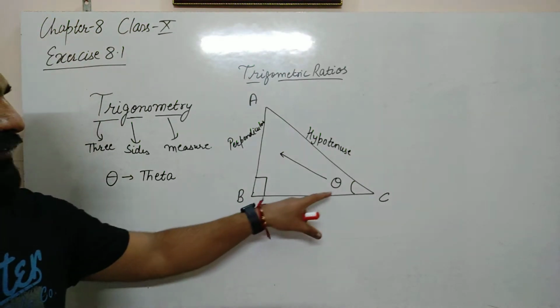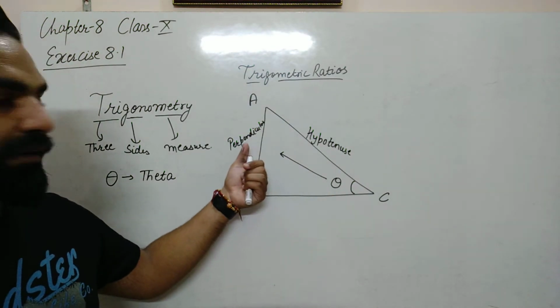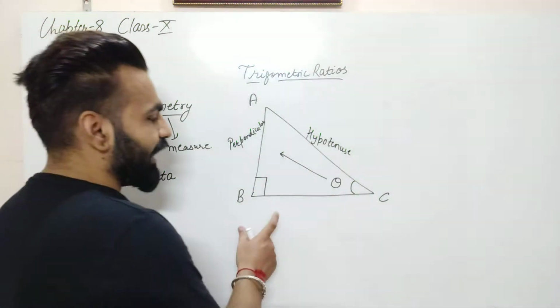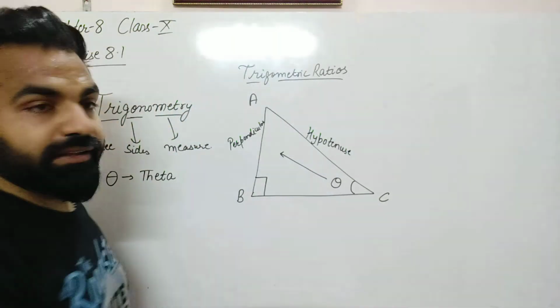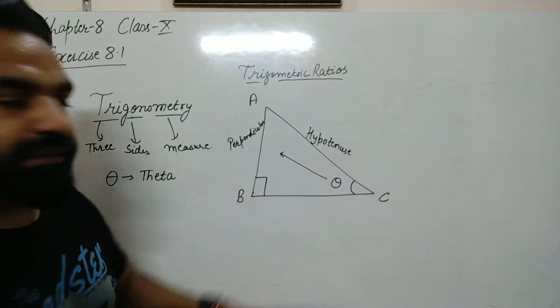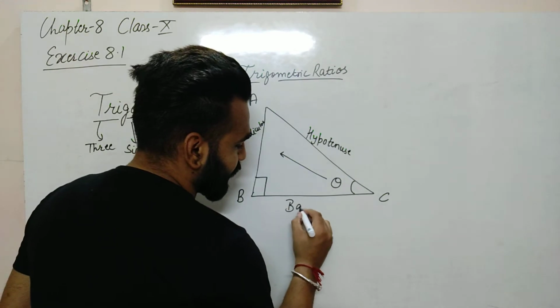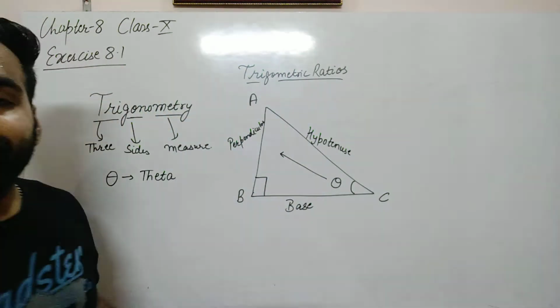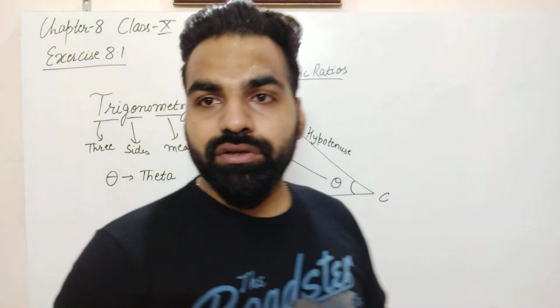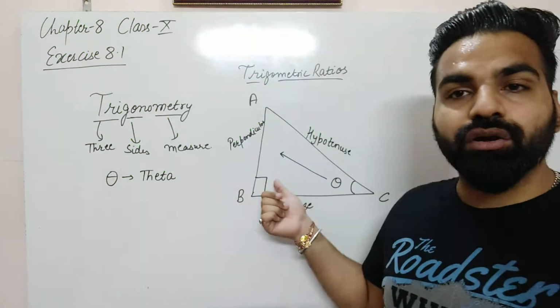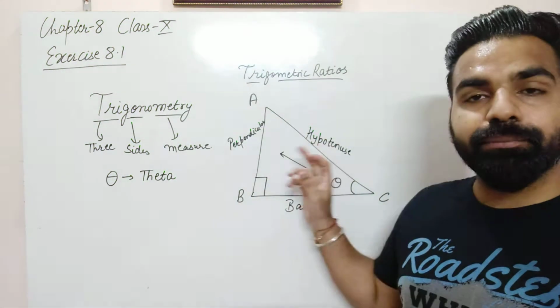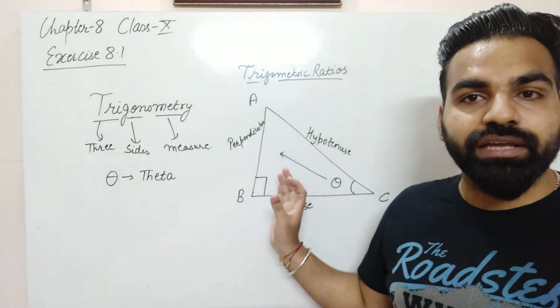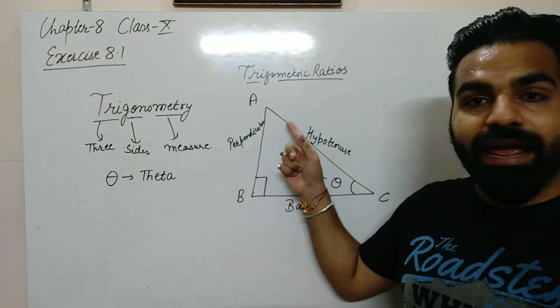Clear? The side opposite to the angle theta will be the perpendicular, and the side included between the right angle and theta will be taken as the base. In any right angle triangle, the hypotenuse is fixed, the side opposite to the 90 degrees, but base and perpendicular can vary according to the angle theta.